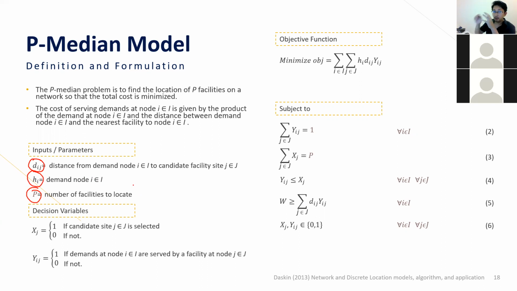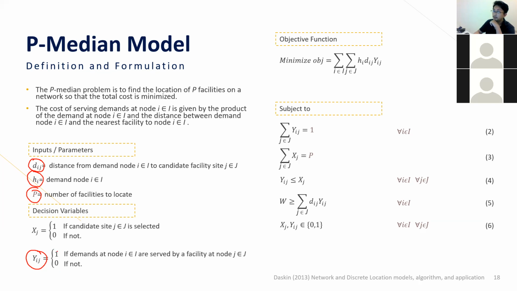But since we now fully consider that one particular demand point can only be served by one facility, we want to make sure there is a variable that takes account of that condition. We call it here Yij. It can be only 1 or 0.